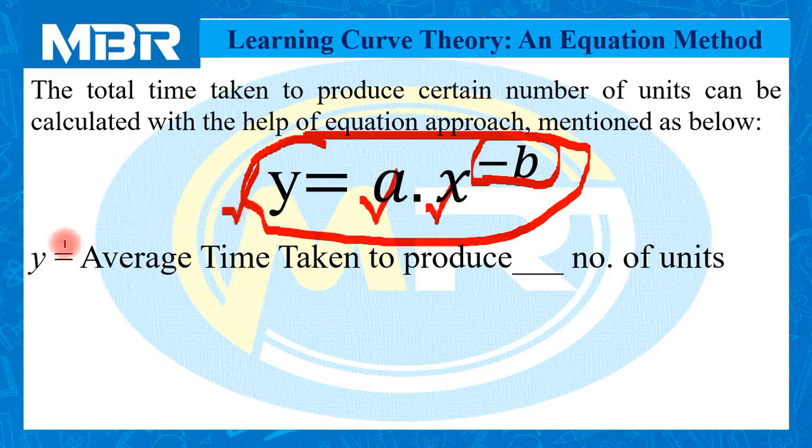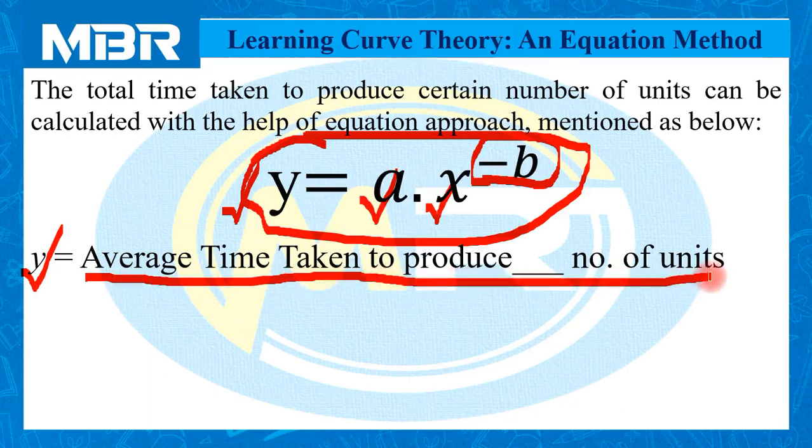So the first element is y. Y stands for average time taken to produce a number of units. Here we can put x, the number of units, x for unknown number of production units. That we will decide on the basis of the question.